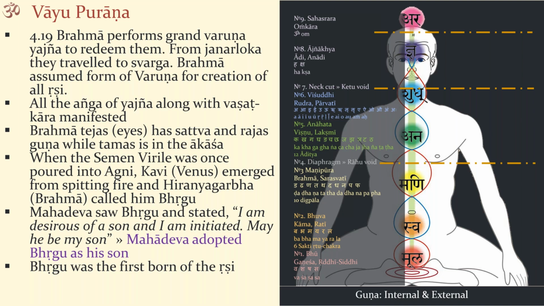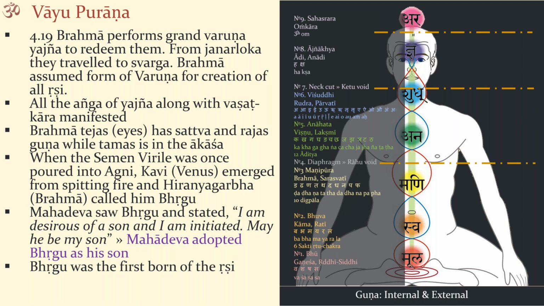Because when somebody is under the curse of Maheshwara, Shiva, only Varuna has the power to redeem the curses that are coming from Maheshwara. Even if you have the curse of these rishis, only Varuna can redeem them.